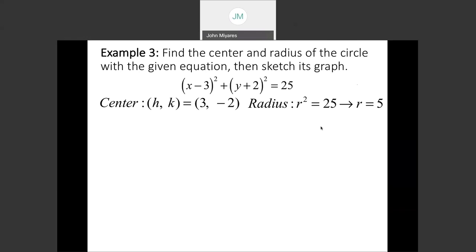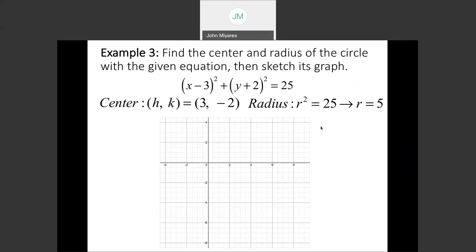The radius is the square root of the r squared value on the right side of the equation. So the square root of 25 is 5, so the radius of this circle is 5. We're also asked to sketch this graph, so I'm going to show this step by step again. First, we must plot the center point at the coordinates 3, -2.